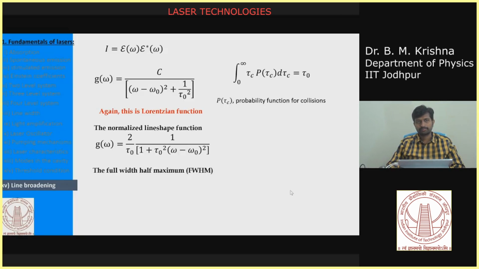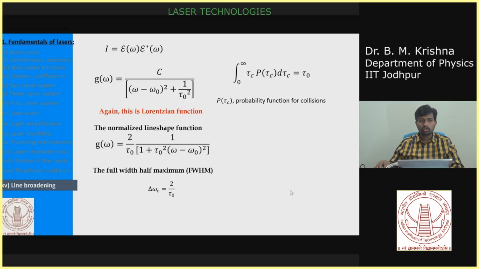Now the full width at half maximum is nothing but 2 by tau naught, which you can represent as delta omega c, where c represents collision. So this is our frequency or spectral distribution with a width of delta omega c for collision broadening.